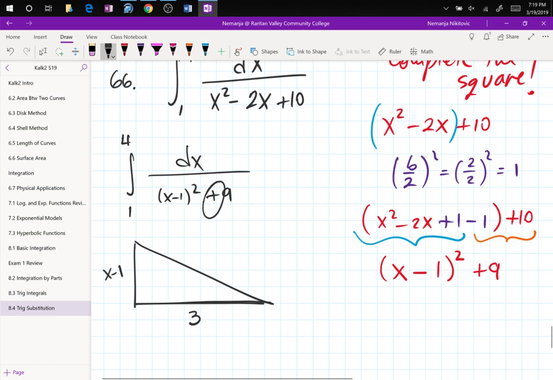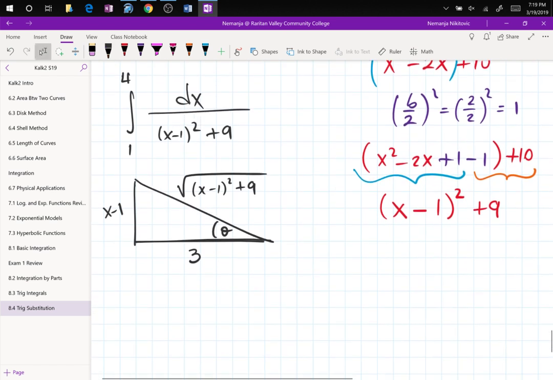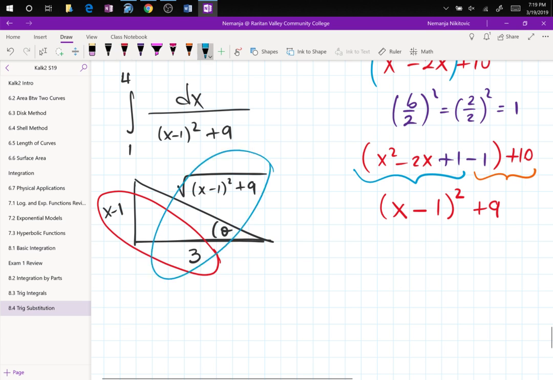And then over here I have the square root of x minus 1 squared plus 9, if you do the Pythagorean theorem. So now we do our trig substitution. The good old friend completing the square is the one that helped us out to solve this problem.